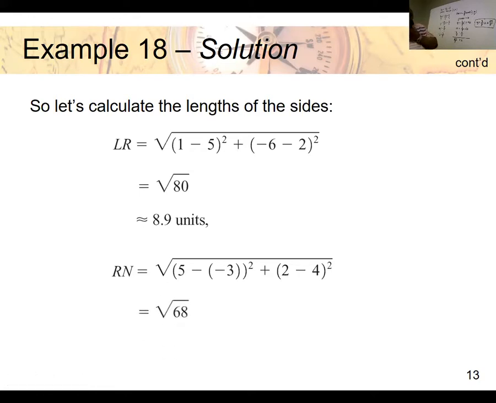Really doesn't matter which order because of that plus sign. Now 5 minus -3 is 8. 8 squared is 64. 2 minus 4 is -2. -2 squared would be 4. 64 plus 4 would give you the 68. And if you take the square root of 68 to one decimal place, it'd be approximately 8.2 units.